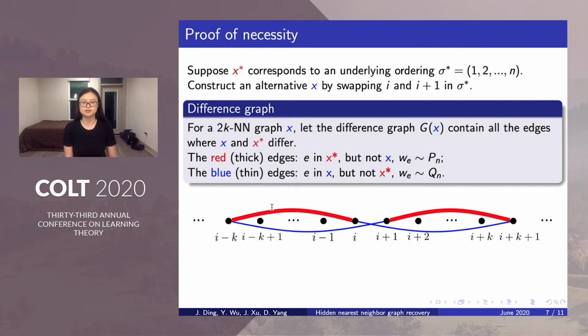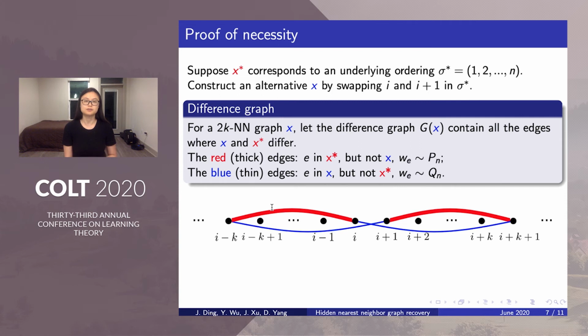So they are k nearest neighbors, and this edge shows up in X star. However, after the swapping operation, i minus k and i are suddenly of distance k plus 1 to each other, so this edge does not show up in X. The other type of mistake is represented by the blue edges in the picture, which are edges that are not in X star but are in X.